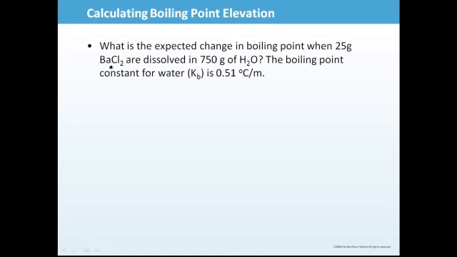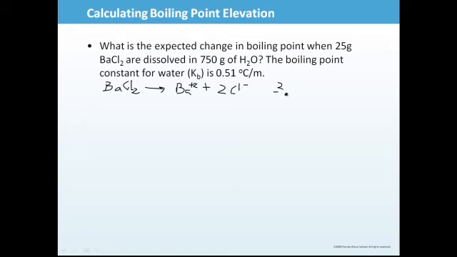Alright, well first off, let's look at what we end up with here for particles. We got BaCl2. So when we dissolve that in water, we're going to have, reversing our crisscross, barium with a +2 charge, and 2 chlorines with a -1.